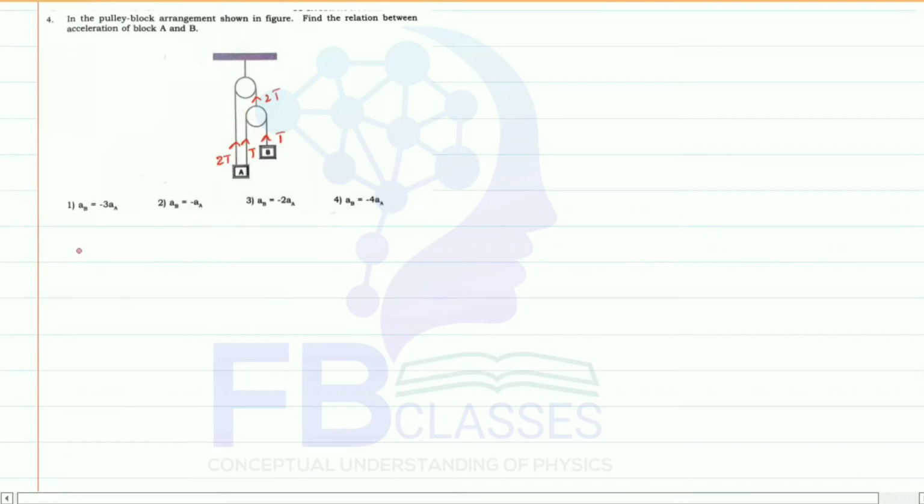So now if I write the tension on the A block, the tension is 3T. Yes or no? 2T plus T is equal to 3T. Understand? So now I am going to write the acceleration.